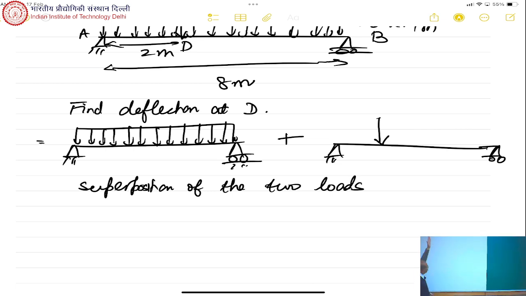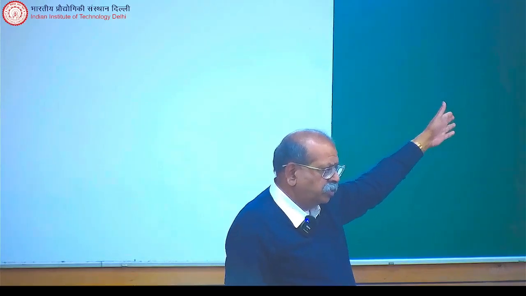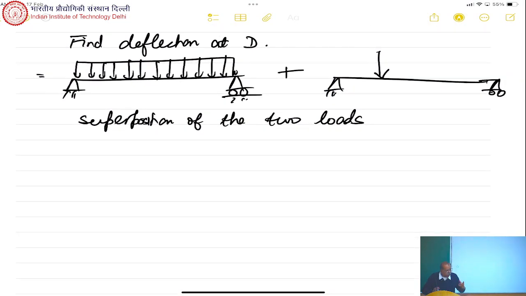So we look at this problem and we divide it into two parts, just a uniform load and a point load. Now, this table, you can have a look at it in your book, but I'll present it in the next class also.